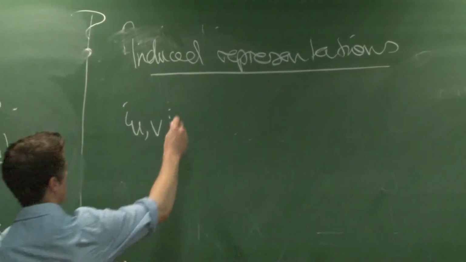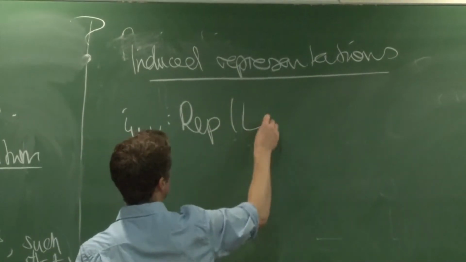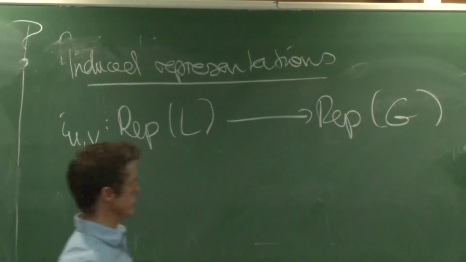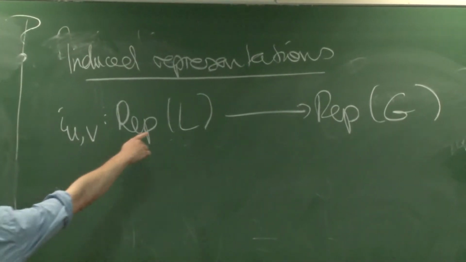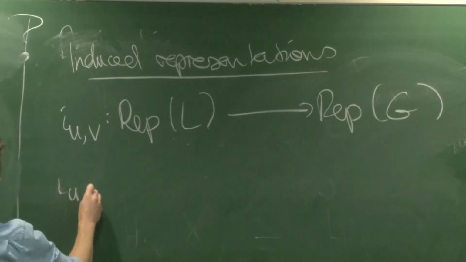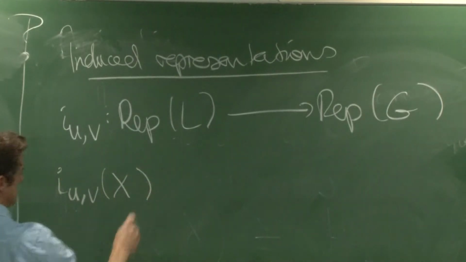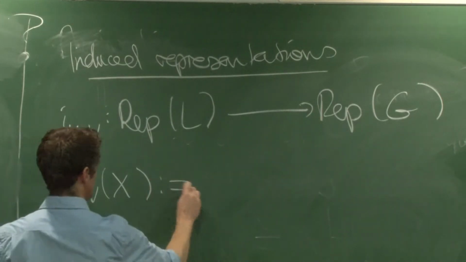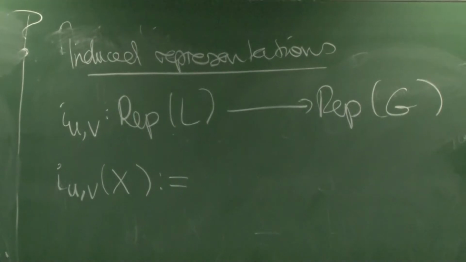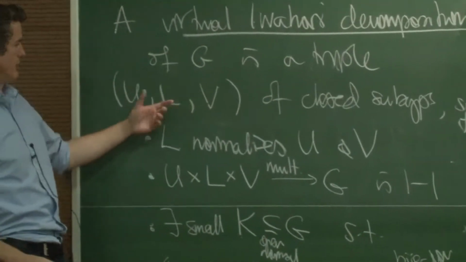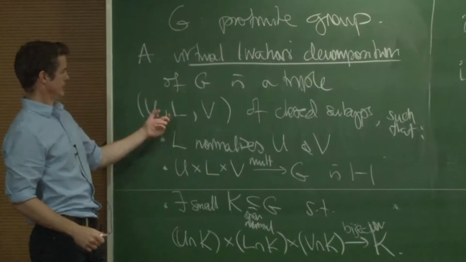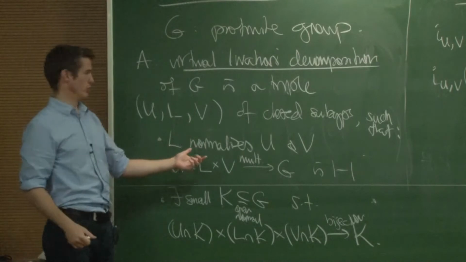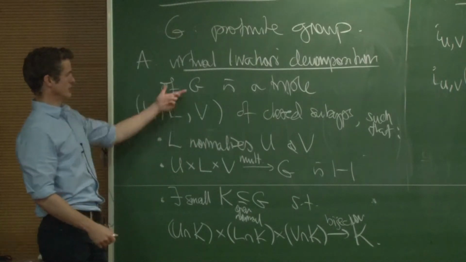I_UV goes from the smooth complex representations of L to the smooth complex representations of G, and here's what it does. Suppose you start with a representation X, a vector space with an action of L. Now if you just forget V for a moment, I have a pair of subgroups L and U inside G. L normalizes U, and the product from L times U into G is one-to-one. In other words, the semi-direct product of L and U is a closed subgroup of G.